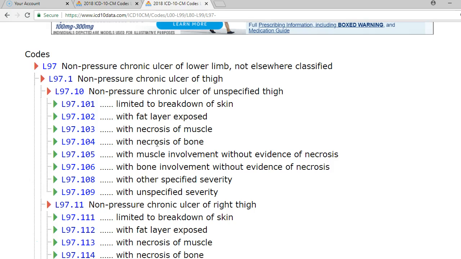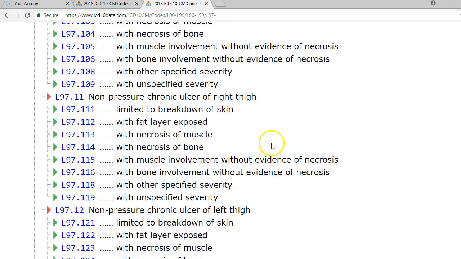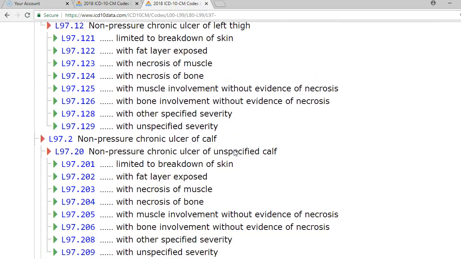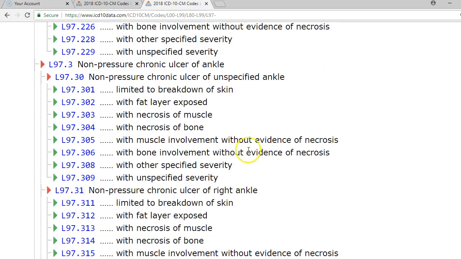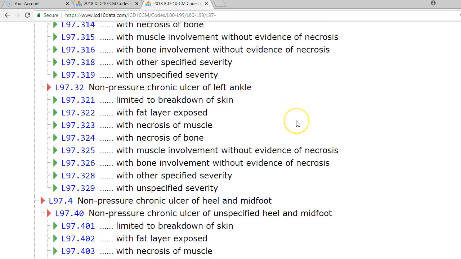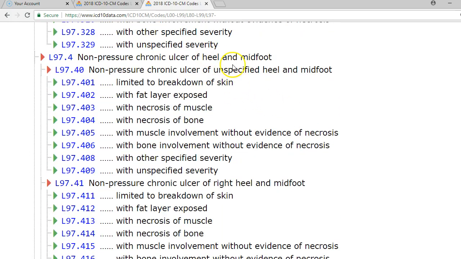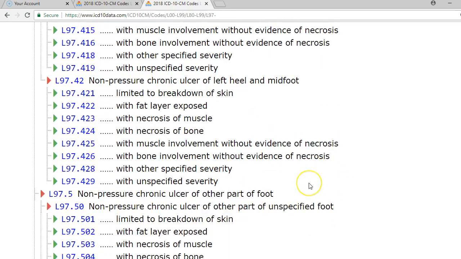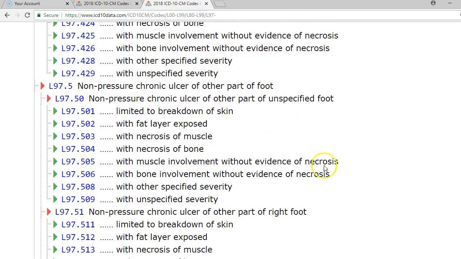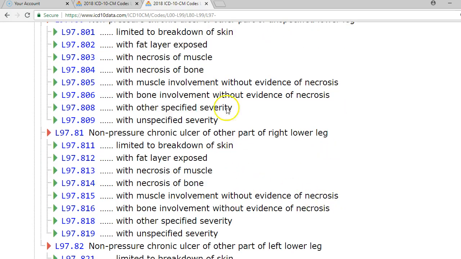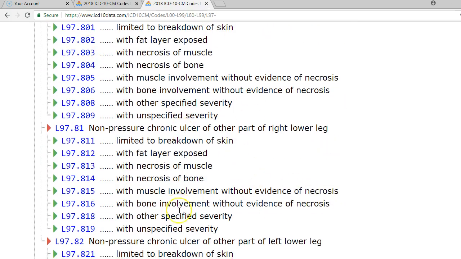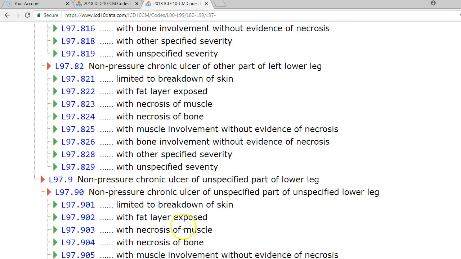And again, similar anatomic sites. So we're going to see the thigh, okay, the calf, the ankle, heel and midfoot, other specified parts of the foot, unspecified parts of the foot, unspecified parts of the lower legs.